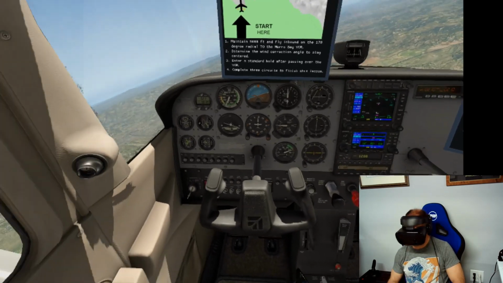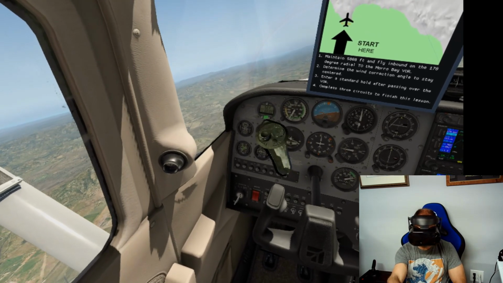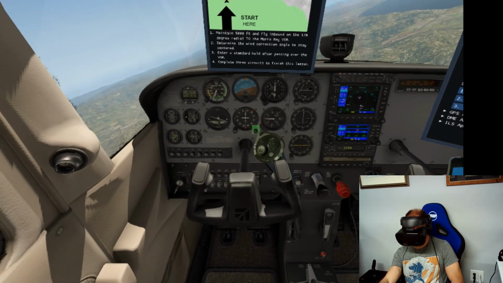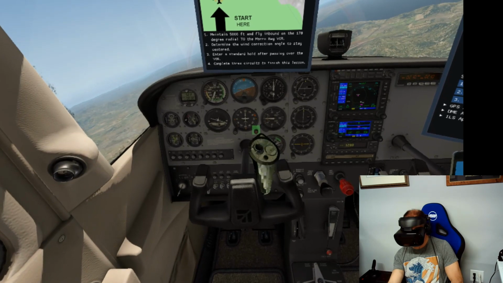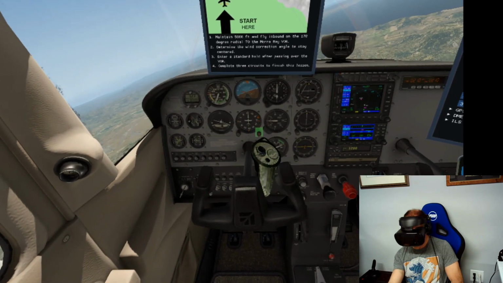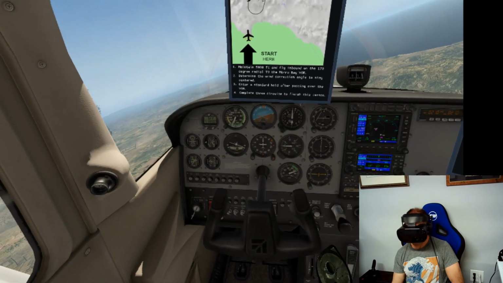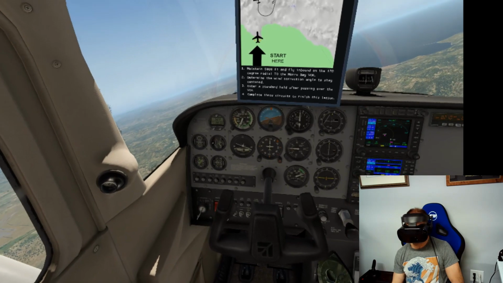All right, so now I'm going to stop that, reset it, and get ready to start it again. So I'm gonna go for, I think I had that wind correction angle good, about 200. So I'm gonna keep that, but it looks like I need to shorten my time a little bit.